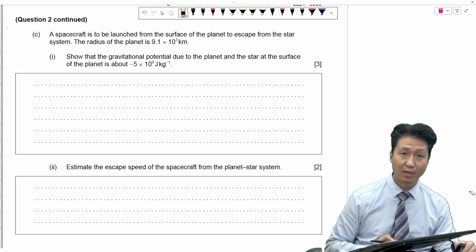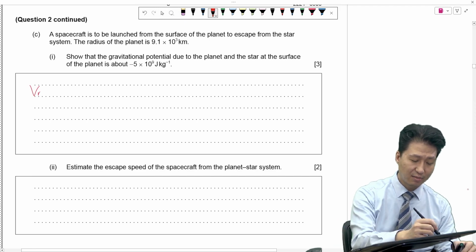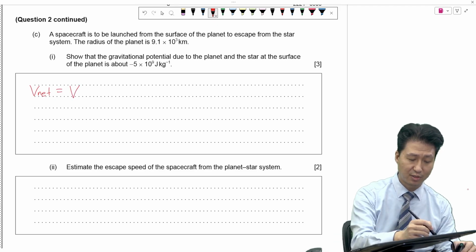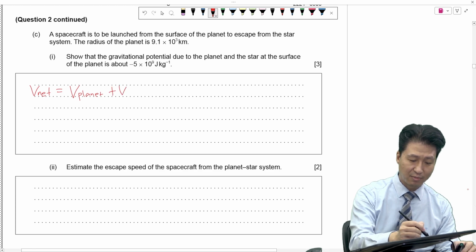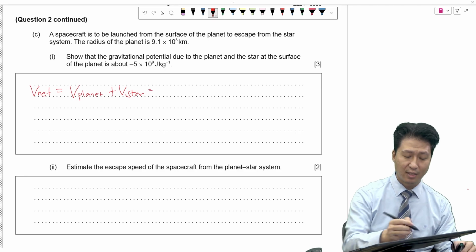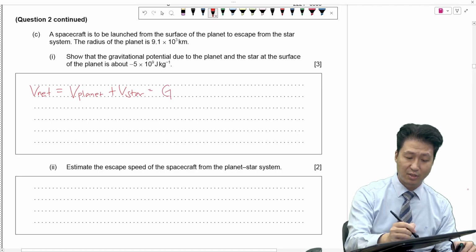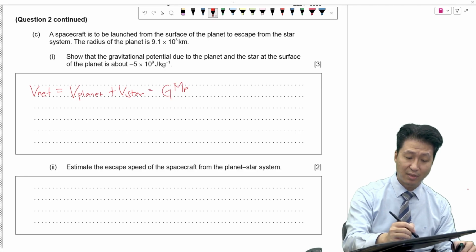So, first, the net gravitational potential is the sum of the individual potentials. The potential of the planet plus the potential due to the star. In this case, gravitational constant times the mass of the planet divided by the radius of the planet.